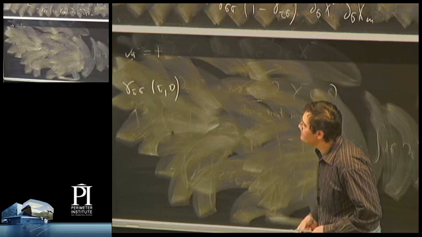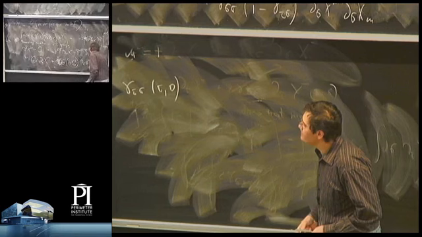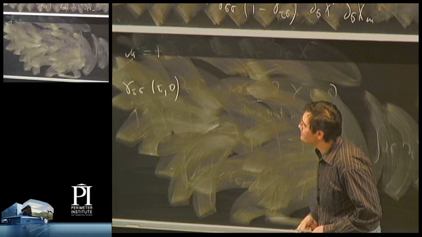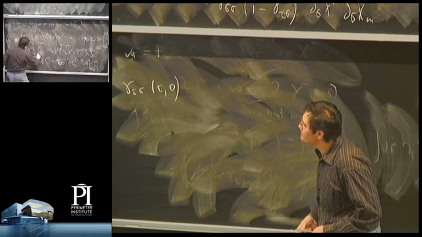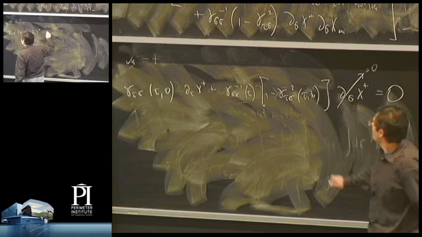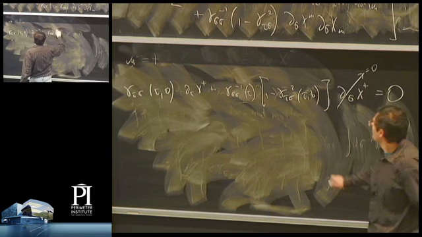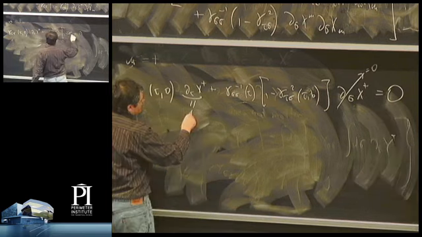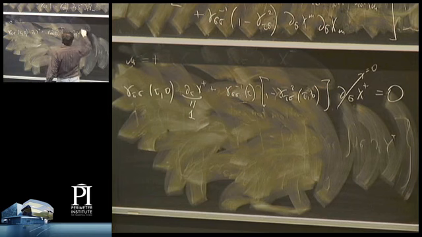Of course, this must hold at the boundary, so this is correct for sigma equals 0 and L. So we have a vanishing of these derivatives when sigma equals 0 or L. If I choose mu equals plus, then I have gamma tau sigma as a function of tau at 0, and then I have del tau of x plus, minus 1 over gamma tau sigma squared of tau 0, and then del sigma x plus.